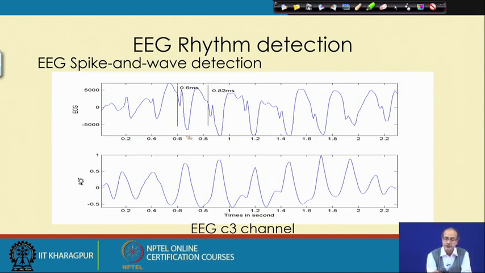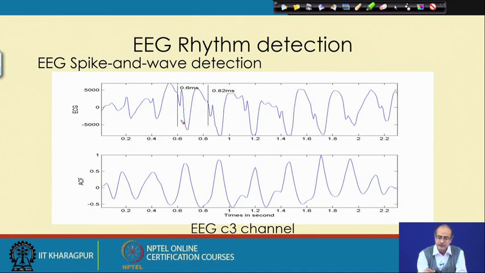So, we should capture both. If we take more than that, it is fine, but it should at least capture one wave completely, so that we can get a good output in the autocorrelation.